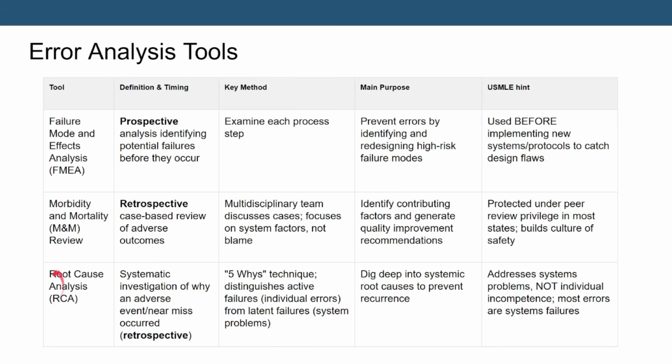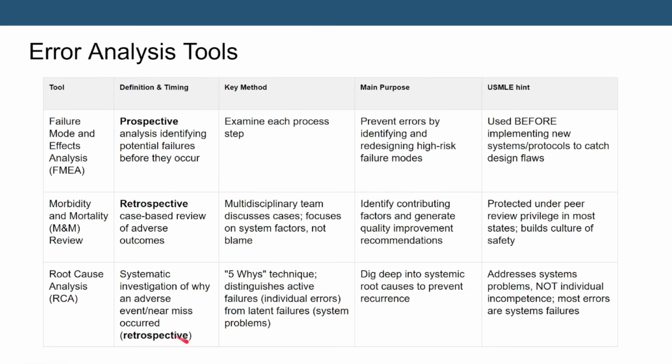I'm going to discuss the third one before I go to the second one. The third one is going to be the root cause analysis, which is a systemic investigation of why an adverse event occurred. It's retrospective, so an accident already occurred. Now we are going to investigate why it occurred systematically. So it's retrospective. Failure mode and effects analysis was in the future, prospective.